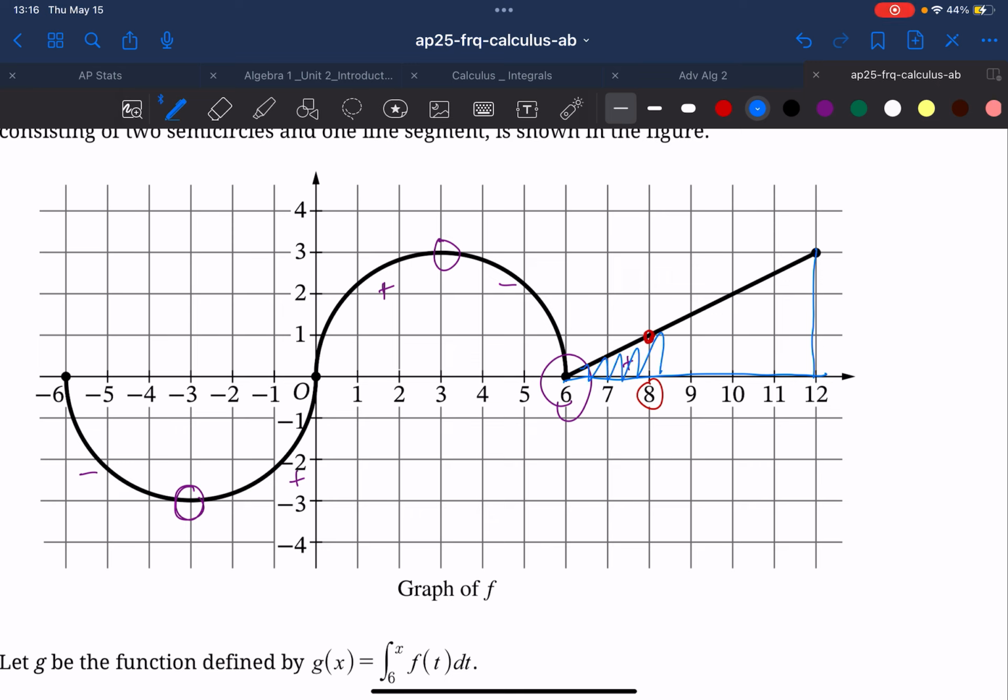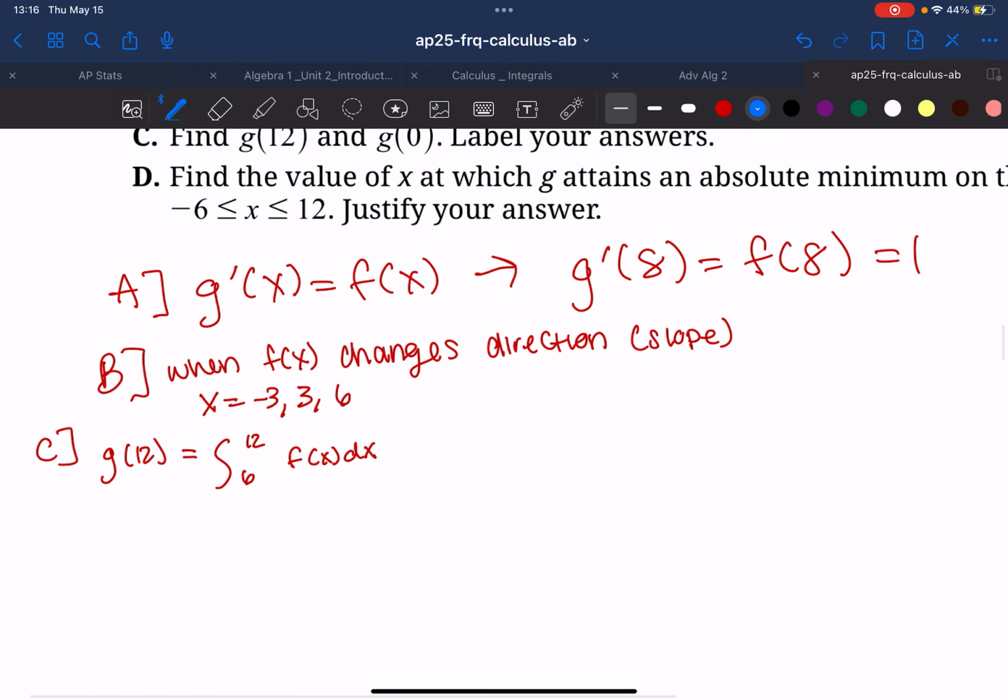So I'm trying to find this area here. Well, we know that the area of a triangle is equal to 1/2 base times height. So I'm going to use that with a base of 6 and a height of 3. So this is going to be equal to 1/2 times 6 times 3, which is equal to 9. So g of 12 equals 9.